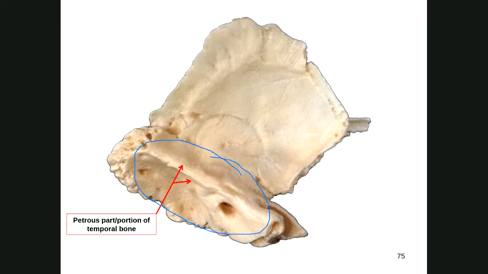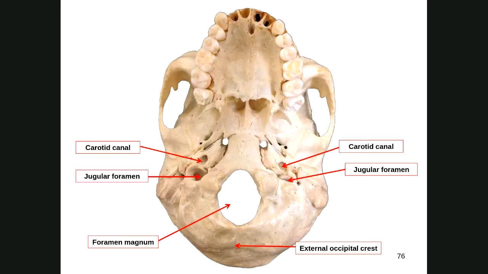Now we'll take a peek at the inferior view here. You should have all these labeled except for this one. That should not be the crest. That should be the, let's see if I spell this right, the external occipital protuberance.